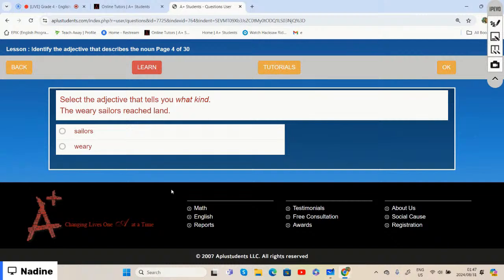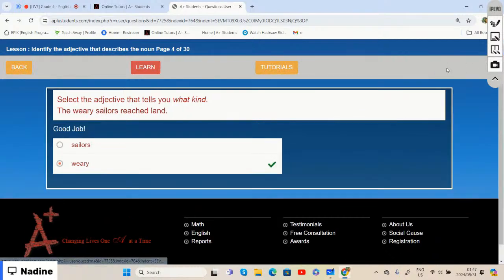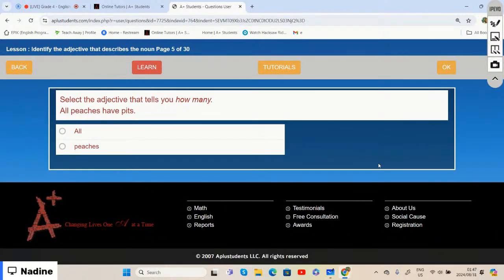What kind of sailors? And yes, we would choose option two, which is weary. So we say the weary sailors reached land. So weary is correct. Yes, weary is tired, exhausted.